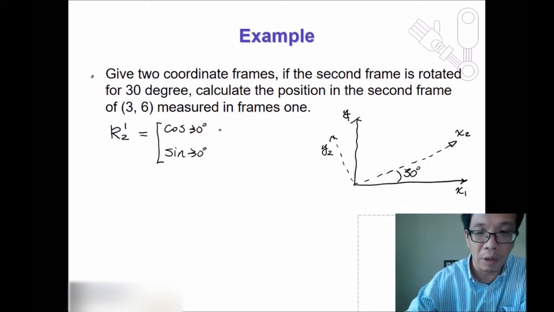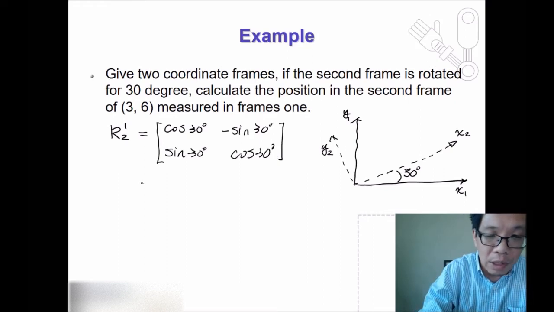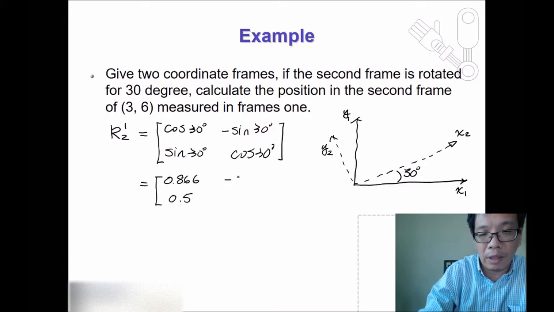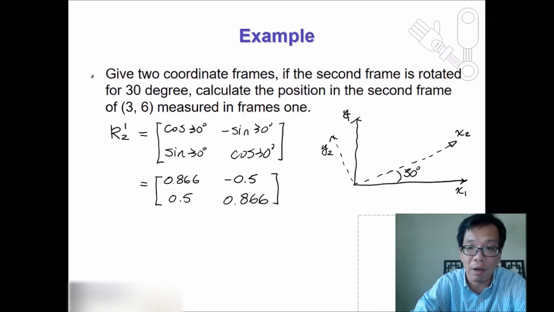On the other side, we're going to have negative sine 30 degrees and cosine 30 degrees over here. So this is going to be my transformation matrix. And numerically it is going to be 0.866, 0.5, negative 0.5, and 0.866.